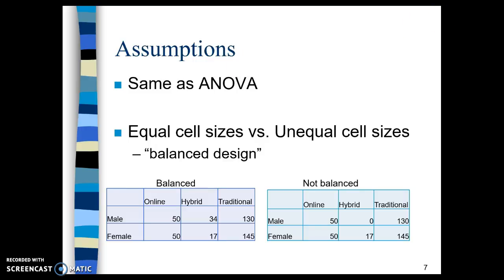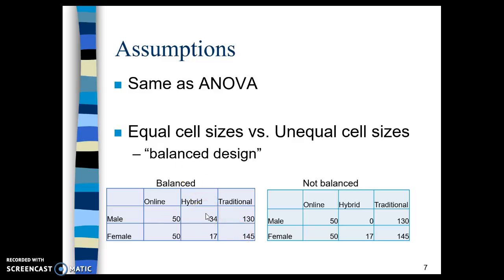Our assumptions are the exact same as ANOVA, but we add one other: balanced design. This has to do with equal and unequal cell sizes. Each one of these is a cell. A balanced design does not mean that every cell is equal or fairly equal in sample size. That's not what we're looking for, but every option is represented. That means it's balanced.